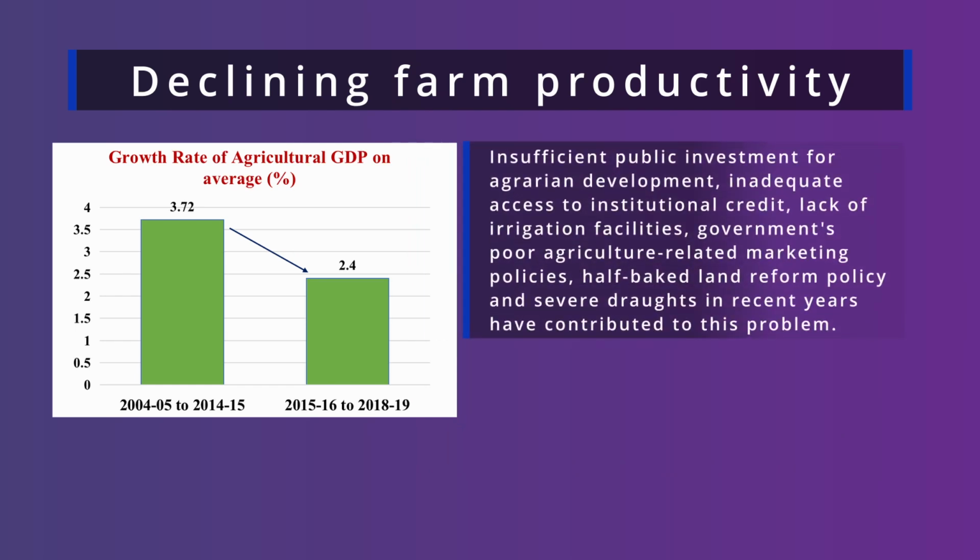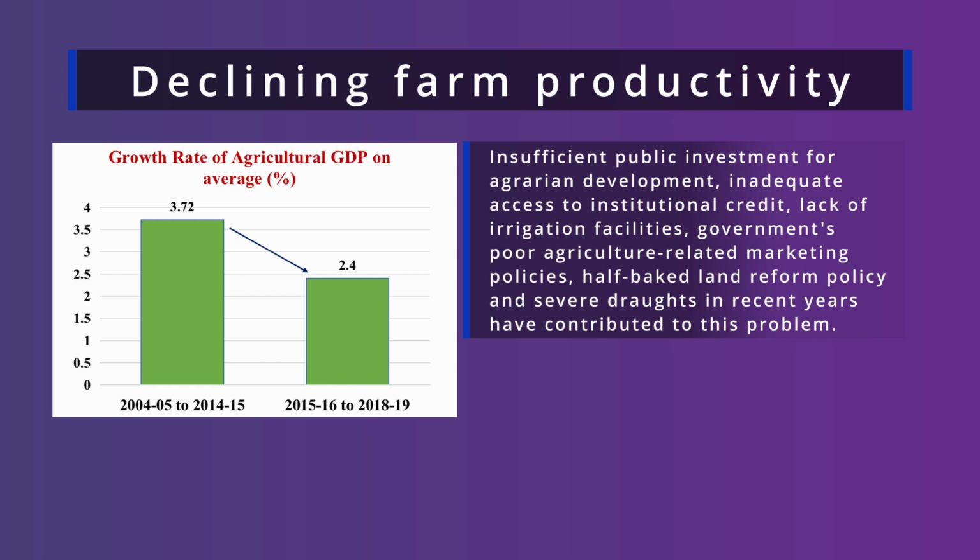Now, one of the major reasons behind this low productivity has been the declining public investment in the agricultural sector, not only to develop the agrarian infrastructure, but also in research and development. The second important issue is insufficient sources of formal credit in the rural sector.